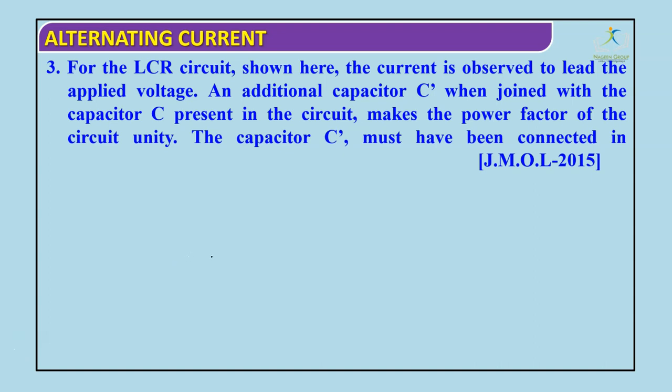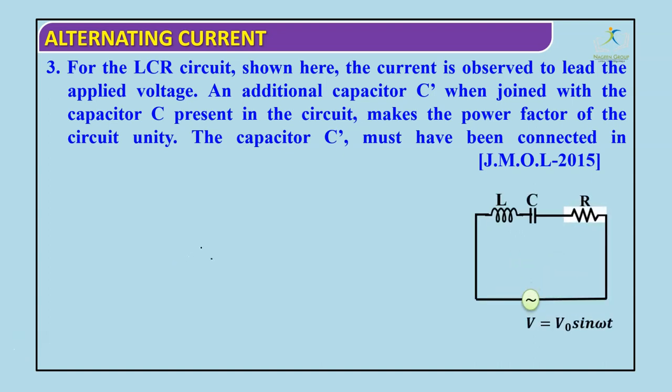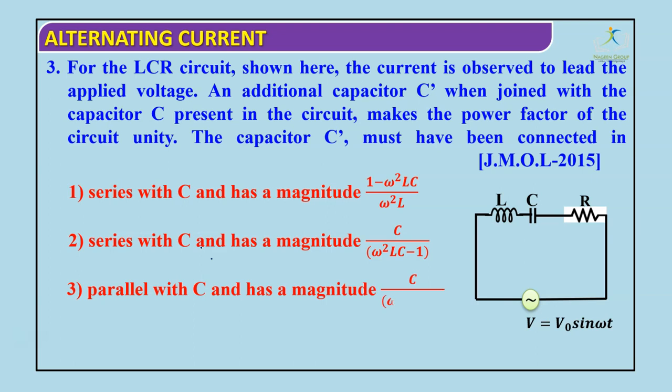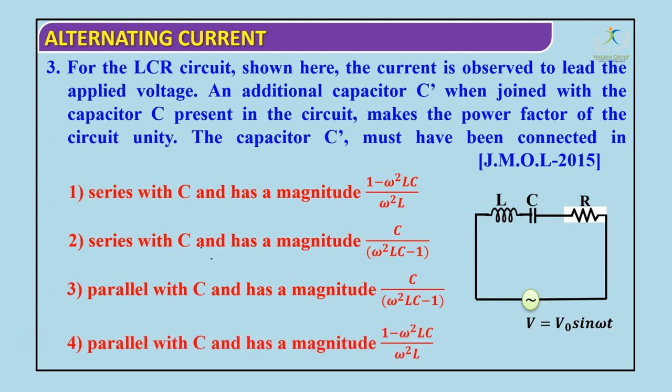The options are: in series with C, with magnitude (1 minus omega square LC) by omega square L; in series with C, with magnitude C by (omega square LC minus 1); in parallel with C, with magnitude C by (omega square LC minus 1); in parallel with C, with magnitude (1 minus omega square LC) by omega square L. So this is the diagram given.